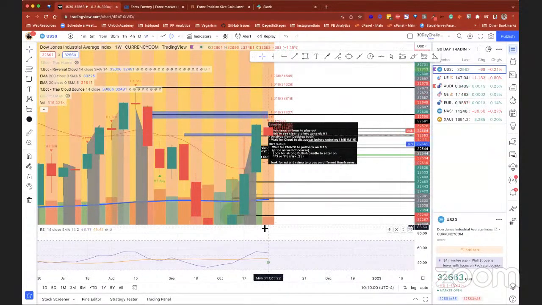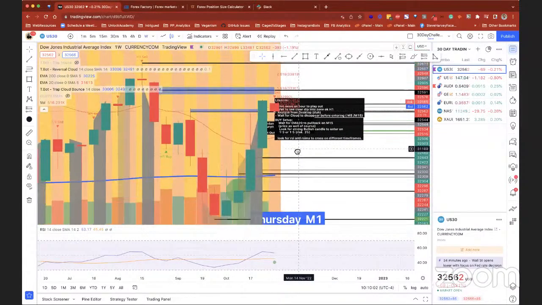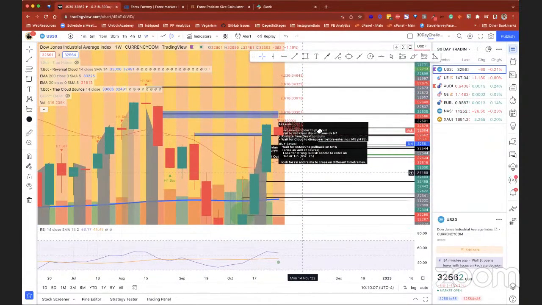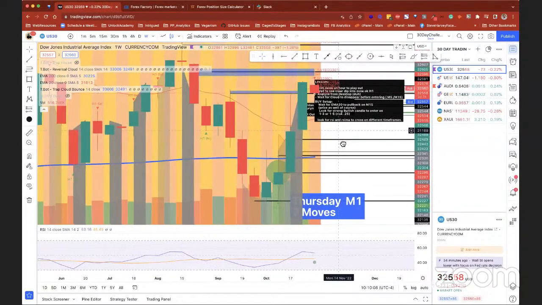Yeah, this market looks like it wants to go down. US 30 might want to drop crazy. If you're looking at the daily and weekly.